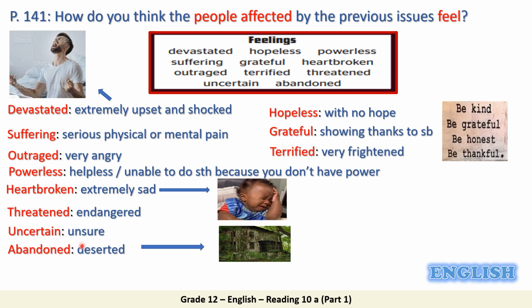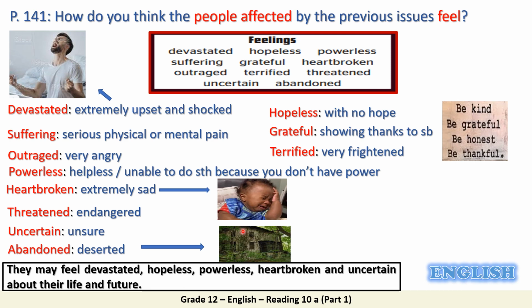Uncertain means unsure. Abandoned means deserted. Okay. And how about the feeling of those people? They may feel devastated, helpless, powerless, heartbroken, and uncertain about their life and future. Right?